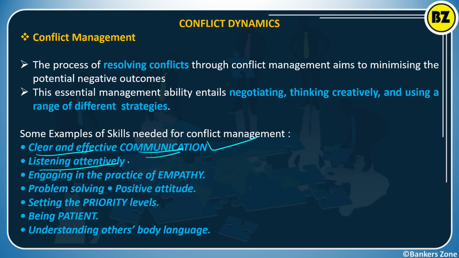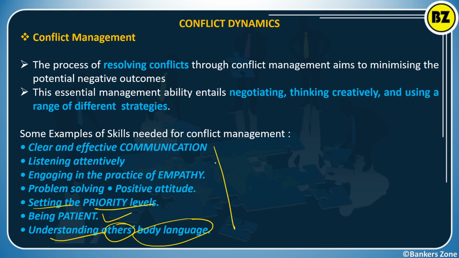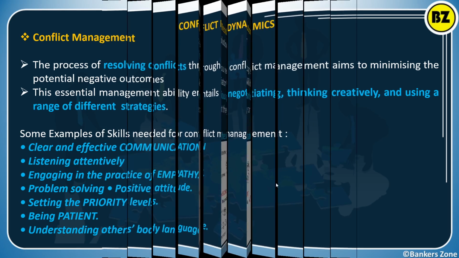Then listening: you should listen attentively to why there is conflict, you have to understand and listen to the people. Then engage in the practice of empathy, not only sympathy. Sympathy means only, oh, it is okay. Empathy means, oh, I am sorry, but I will also help you. That is empathy. You should have problem-solving capacity and a positive attitude. Then setting the priority level, you have to set priorities. You should be patient and understand others' body language. If you have these skills, then you are ready to solve the conflict among the people, right? No need to mug up, just the theory part.